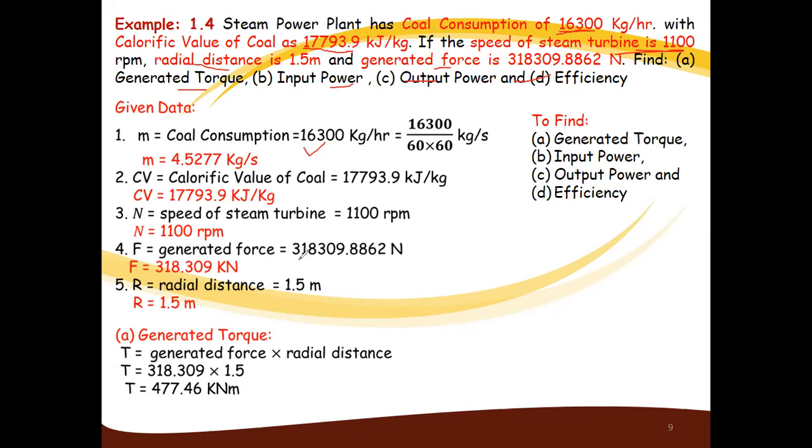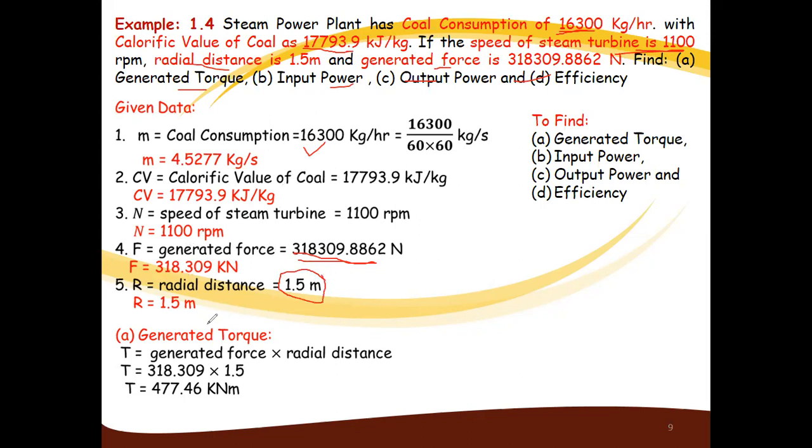Generated force is given. It is in Newton, so I have converted it into kilonewton. So it is 318.309. Why have we converted into kilonewton? Because we have to find the power requirement. It is in kilowatt. And R is radial distance, that is 1.5 meter. It should be in meter.